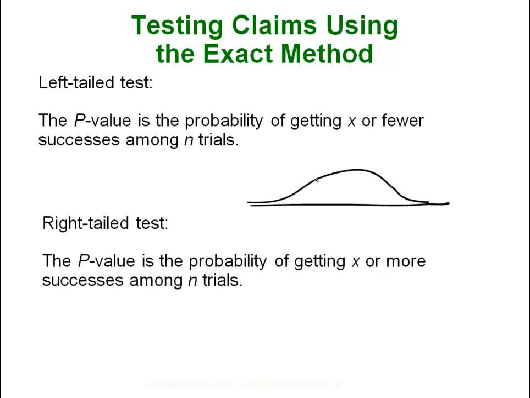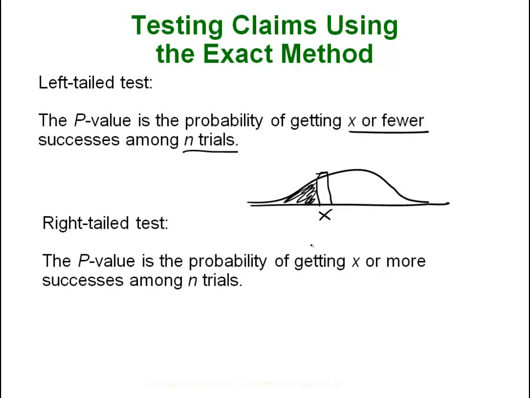If we're doing a left-tailed test, then we're looking for things down here. Well, that means we're looking for things below a certain point. So that's why we're looking for the probability of getting x or fewer things amongst our n trials. Because remember, the binomial just becomes bars, right? Instead of a curve, we just have a bunch of bars.